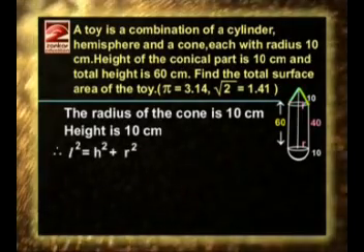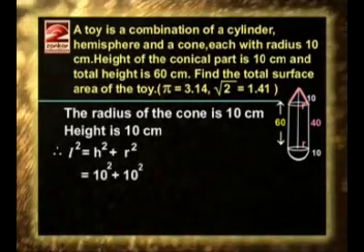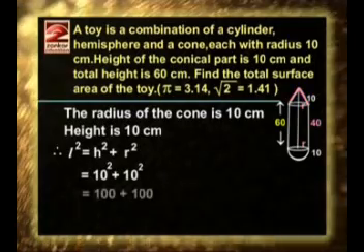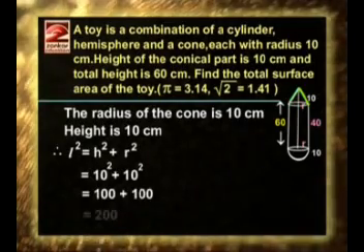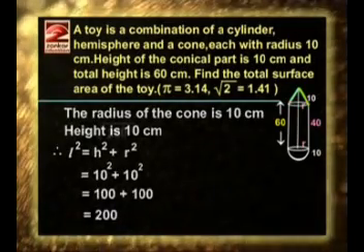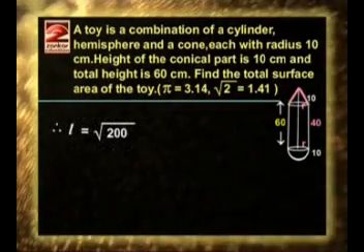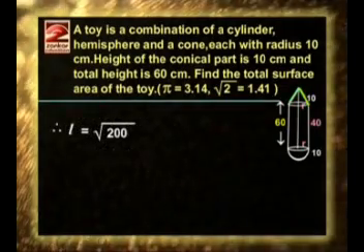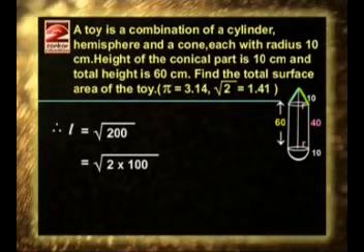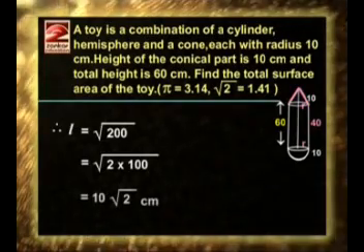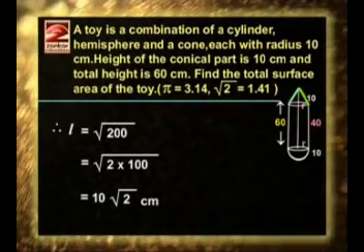Now the radius of the cone is 10 centimeter and the height is 10 centimeter. Therefore, L square is equal to h square plus r square, that is equal to 10 square plus 10 square, that is 100 plus 100, that is equal to 200. Therefore, L is equal to under root 200, that is equal to under root 2 into 100, that is equal to 10 root 2 centimeter.